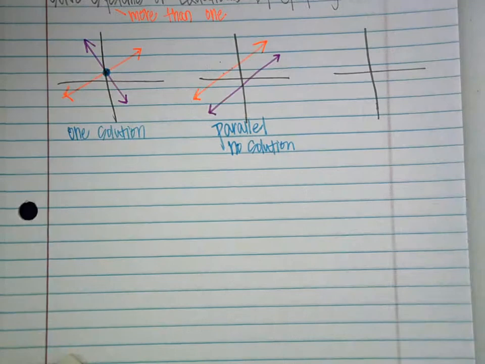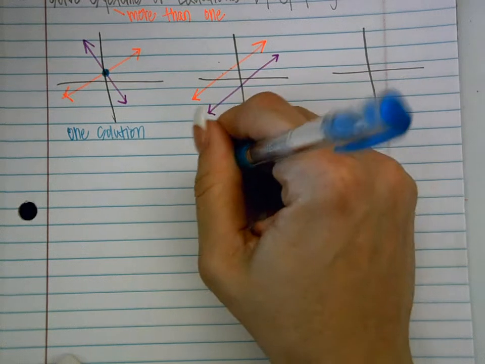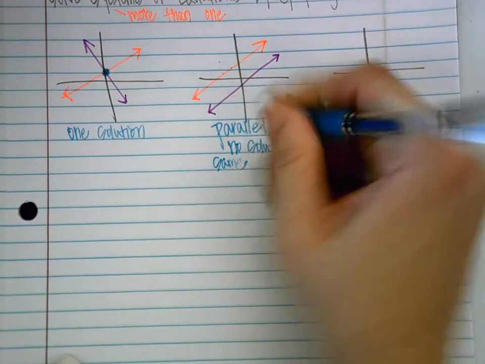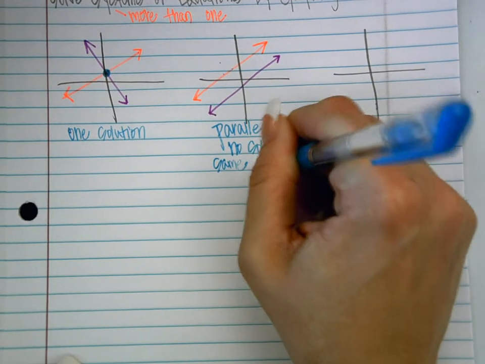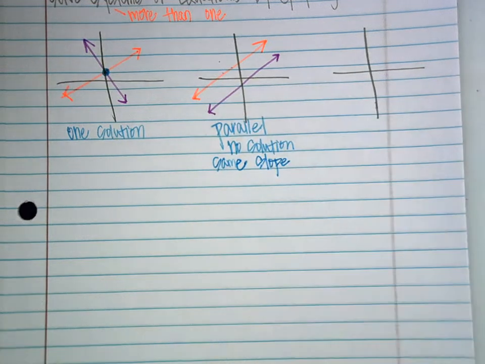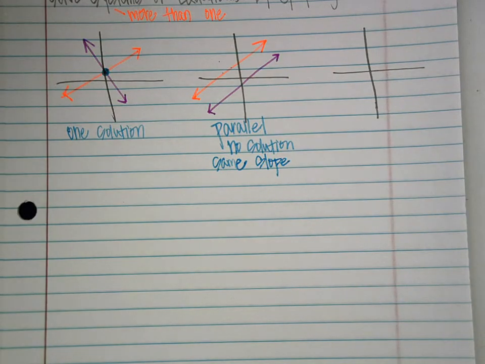So what would that be called? The same slope. So if 2 lines have the exact same slope, they will never touch. That makes them parallel.